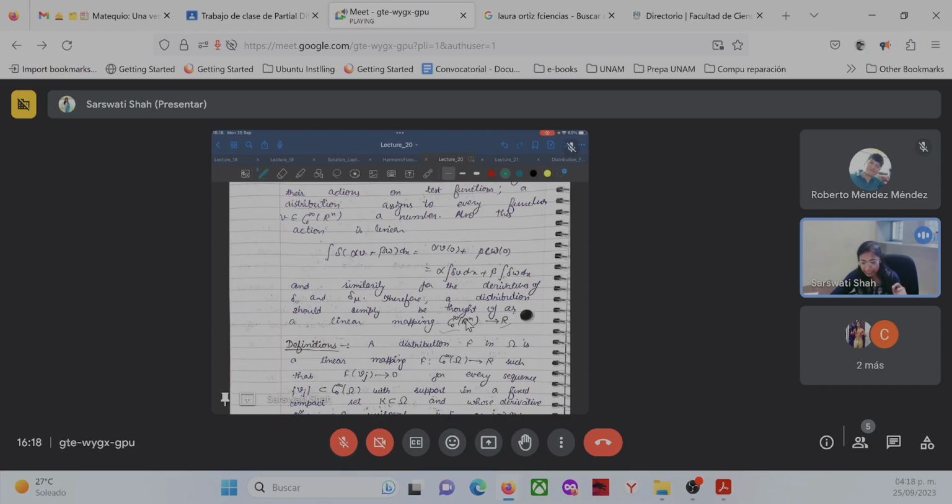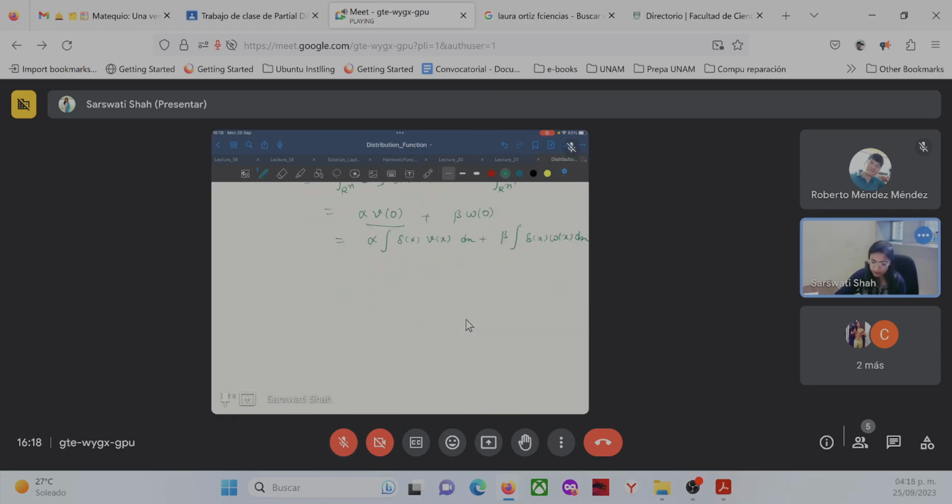That's why it is a mapping. If you are taking a delta function in Rn with a test function that is smooth in Rn, then it is a linear mapping from the n-dimensional space to R. If you have any doubt in this simple derivation, you can ask.